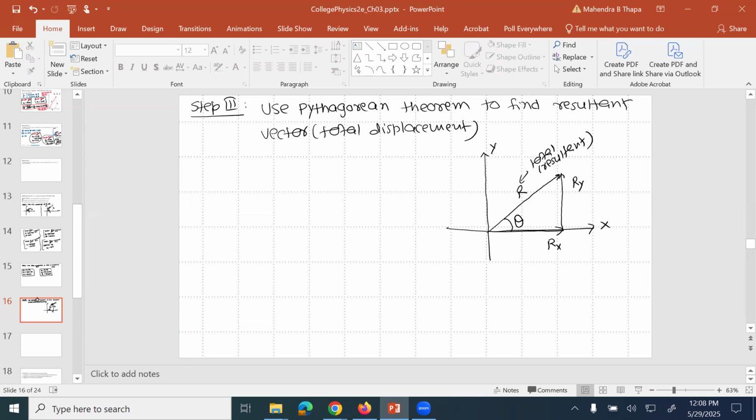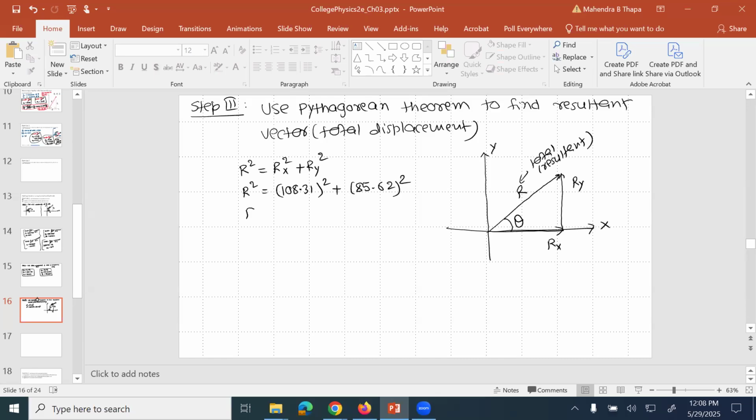Now according to our theorem, R squared equals Rx squared plus Ry squared. So R squared equals 108.31 squared plus 85.62 squared.